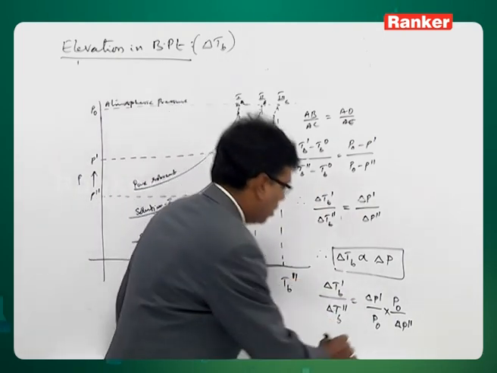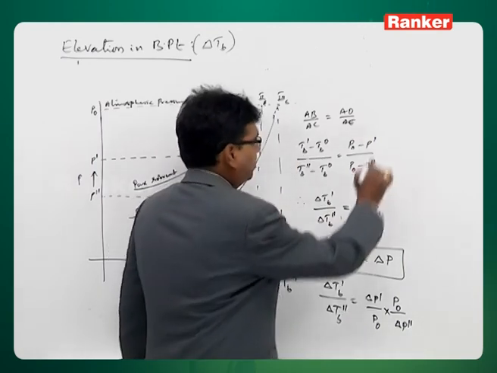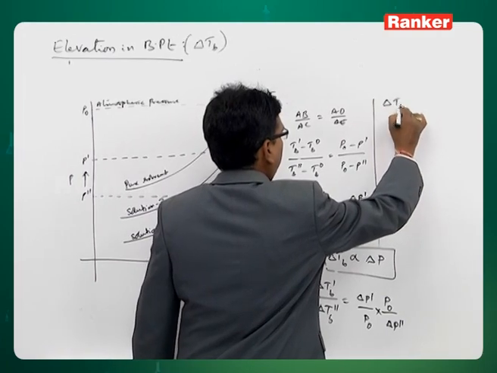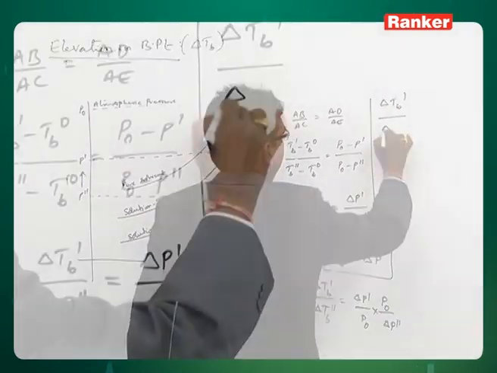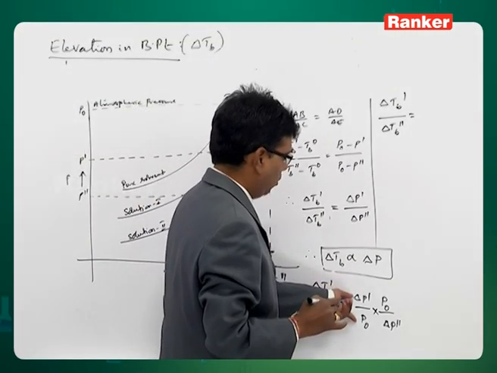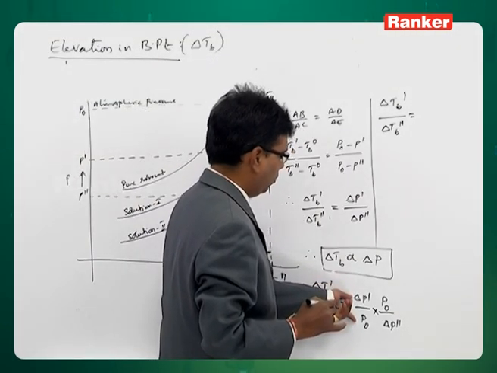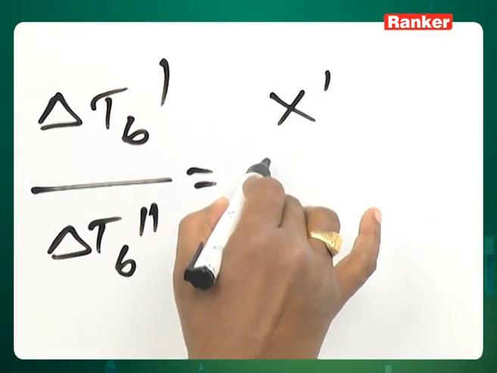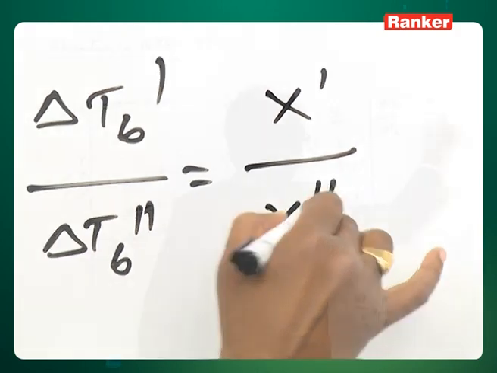So these two I can now write as delta TB dash by delta TB double dash is equal to, this is relative lowering of vapor pressure of solution 1, which I will write as mole fraction of solute in solution 1 by mole fraction of solute in solution 2.